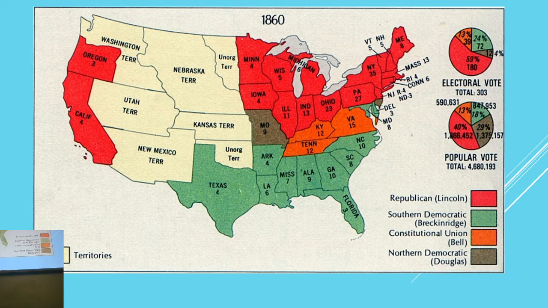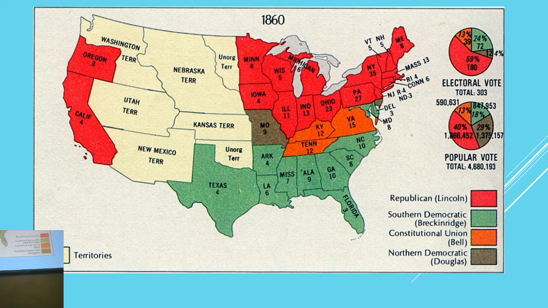In the Electoral College, he gets 59% of the vote. He gets 180 votes. He effectively sweeps the Northeast, not just New England, but also Illinois, Indiana, Ohio, Iowa. He sweeps California and Oregon.